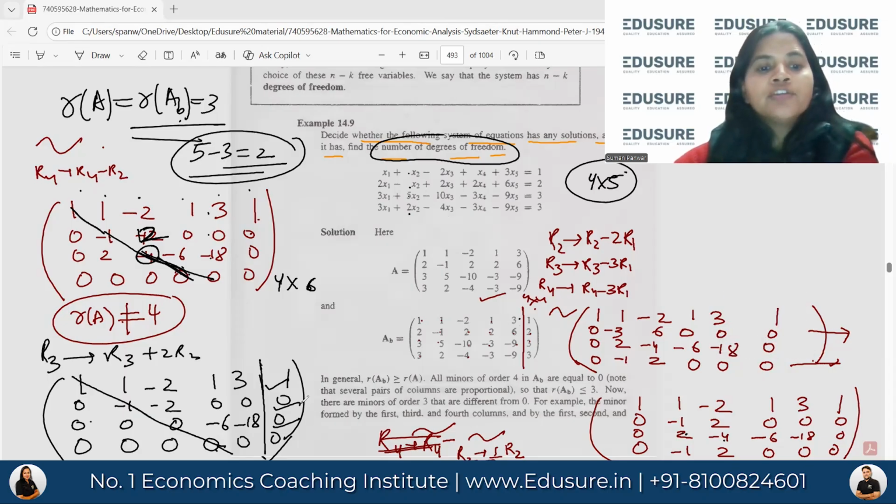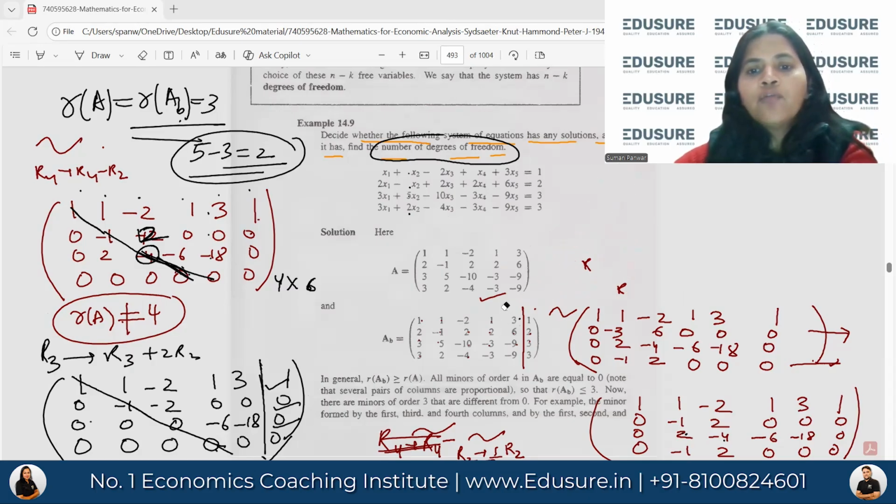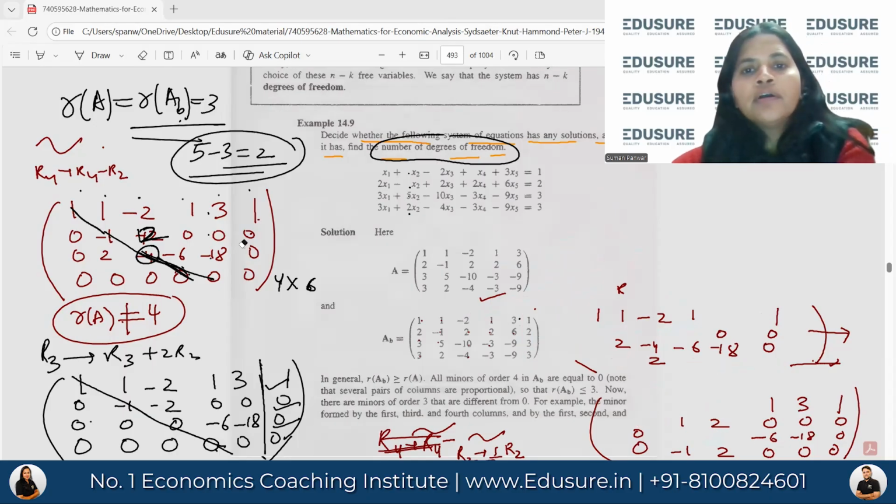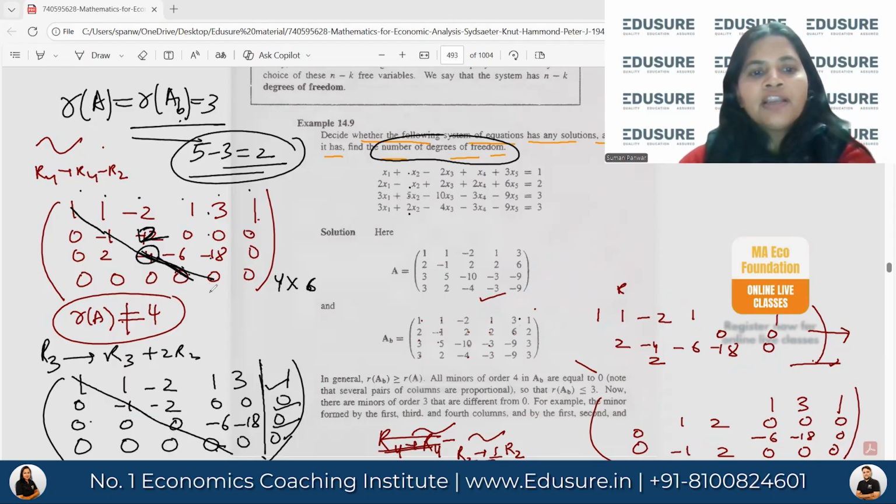Okay. So now if you look at this final solution which I did, this is my final matrix.